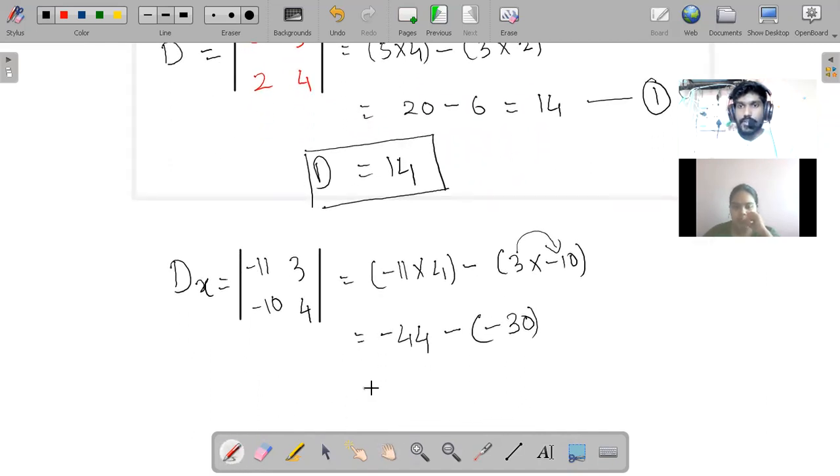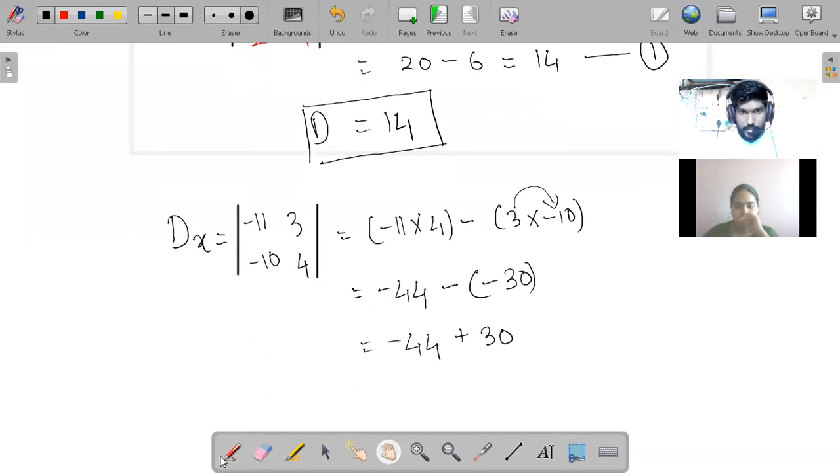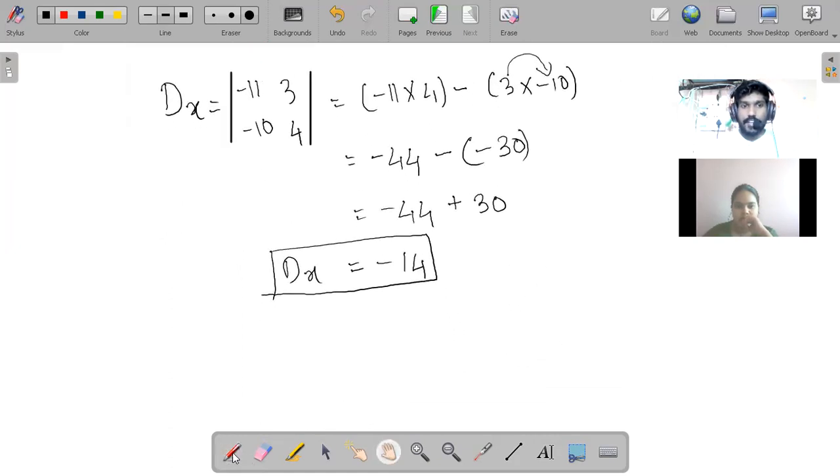Minus into minus becomes plus, so minus 44 plus 30. Can you tell me? Minus 14. So dx is equal to minus 14. Now you know how to find dx. Can you tell me what should be done now for dy?